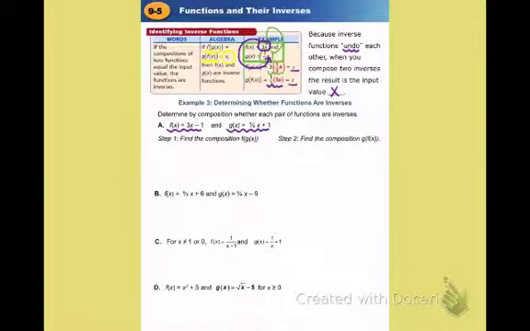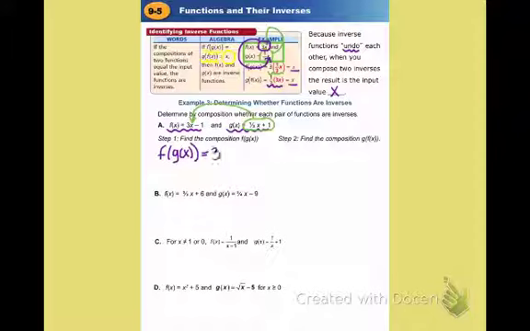I'm going to start off by looking at the first direction of composition, which is f of g of x. That means I'm going to take g of x, this whole function, and put it right in where I see x in the other function.